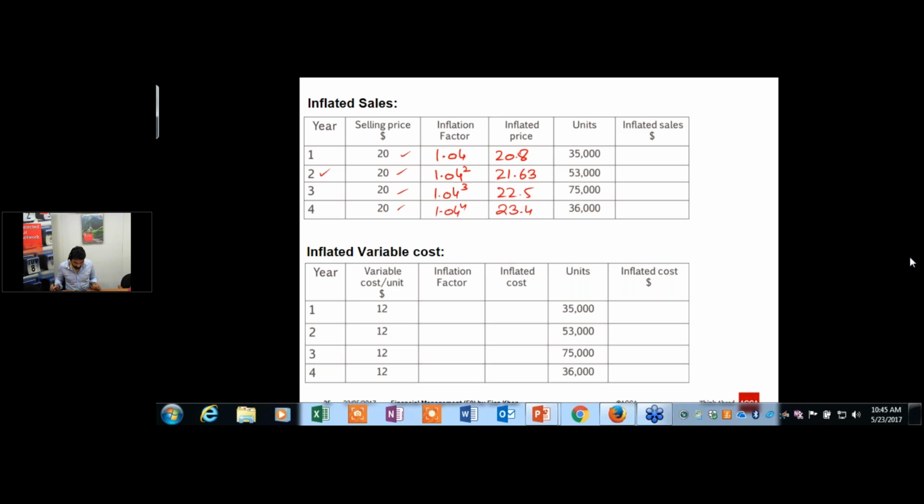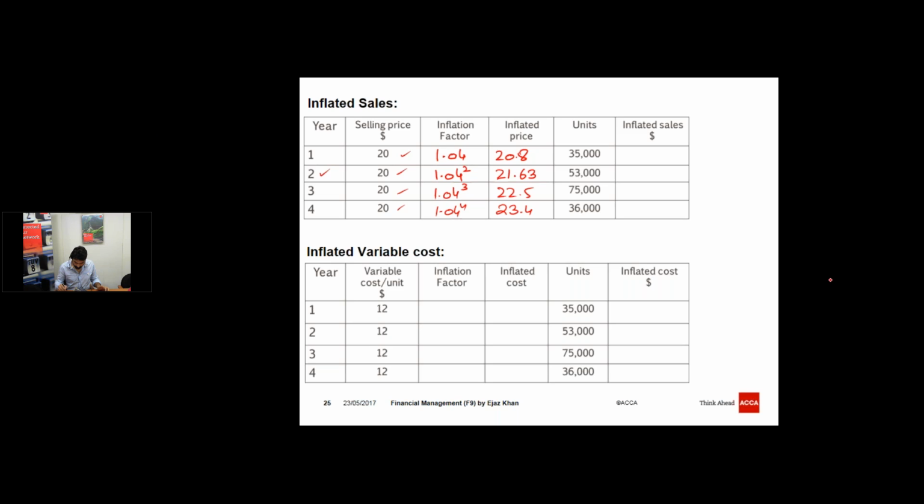Okay, thank you. Now we have got the inflated prices, and now we'll multiply them with the sales volume to get the total sales revenue of every year. Can you help me calculate the inflated total sales for year 1?